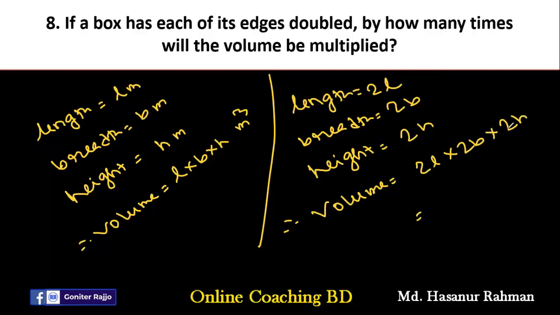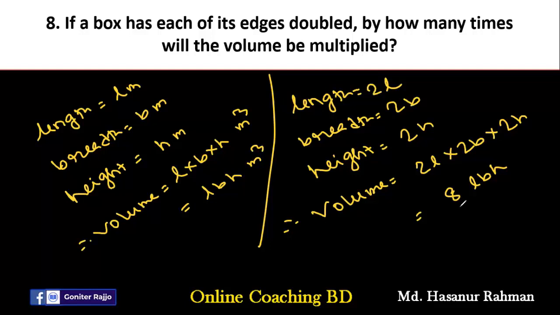So 2 times 2 is 4, 4 times 2 is 8: 8LBH. Here you will get 8 LBH, where only LBH was given originally. That means you can easily say it is 8 times. So if a box has each of its edges doubled, then the volume will be multiplied by 8 times.